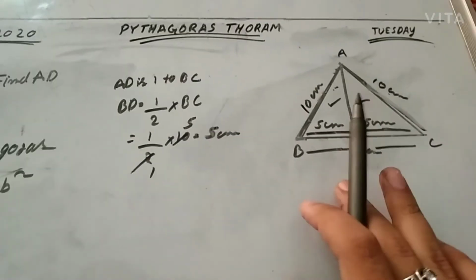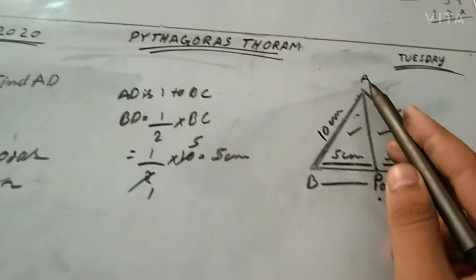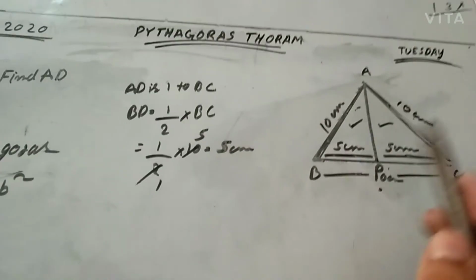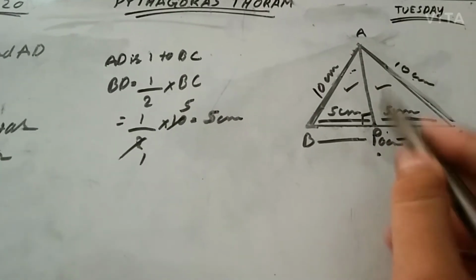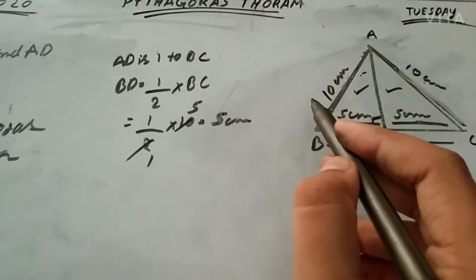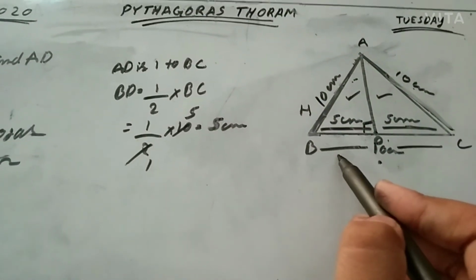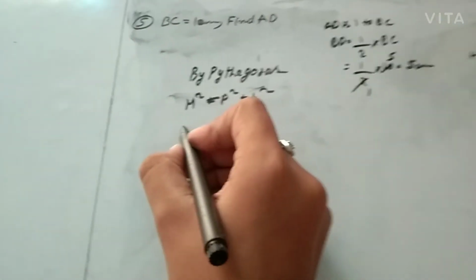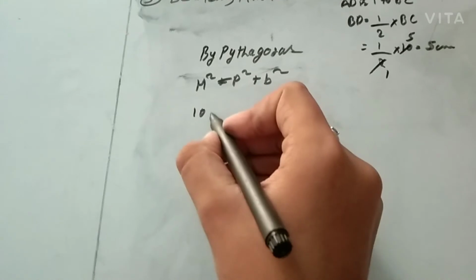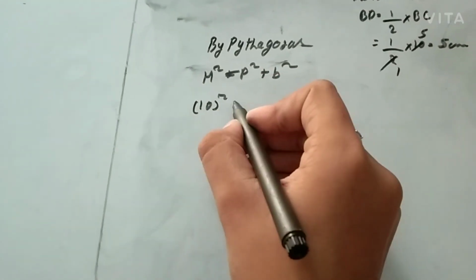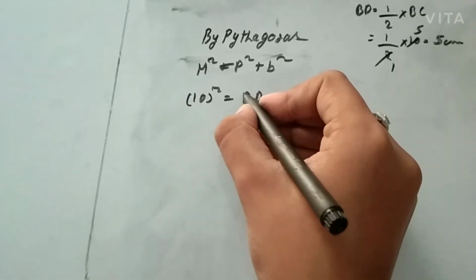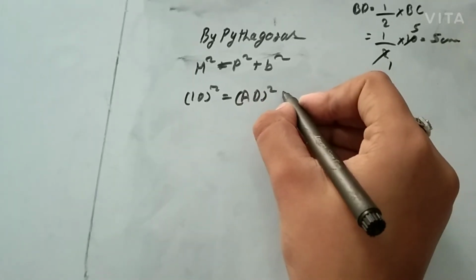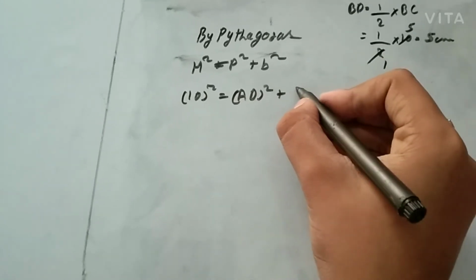So this is our triangle. So A and D is perpendicular, because here is a 90-degree angle. So this is our perpendicular, this is our hypotenuse, and this is our base. So let us apply the formula. So according to the question, H equals to 10 square equals to AD square plus 5 square.